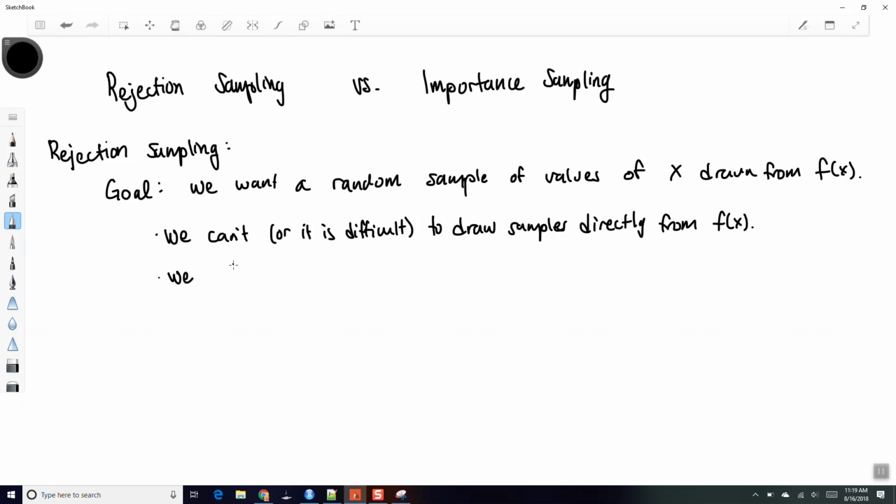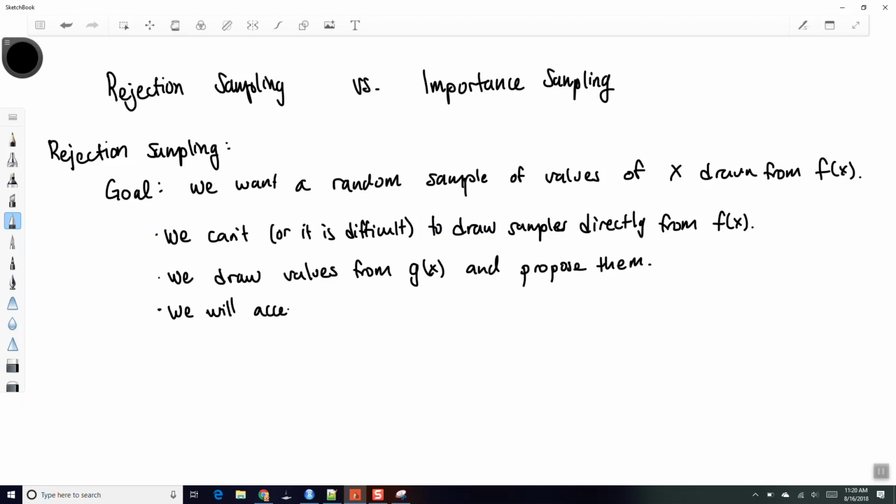So instead, we draw values from g of x and propose them, okay? So we draw a value from g of x and we propose it, and then we will either accept or reject this value of g of x based on the ratio f of x over g of x, okay? Or reject, throw away the values.